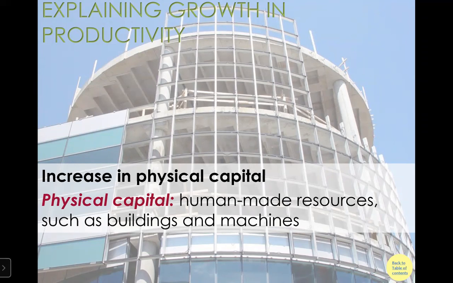Just think about the 1970s and 1980s, the invention of the personal computer. That dramatically increased labor productivity in the United States. Physical capital is defined as human-made resources such as buildings and machines.